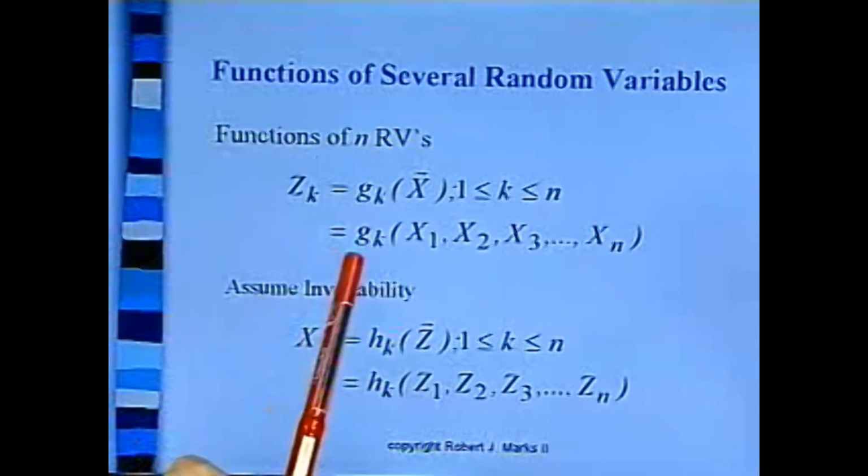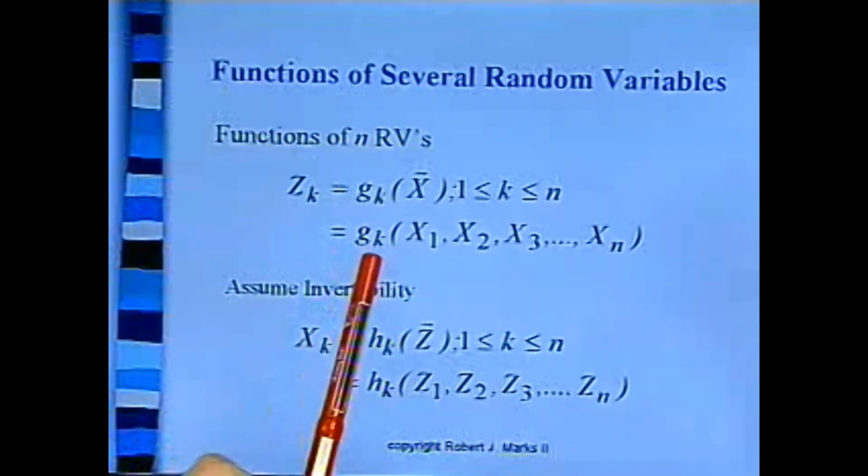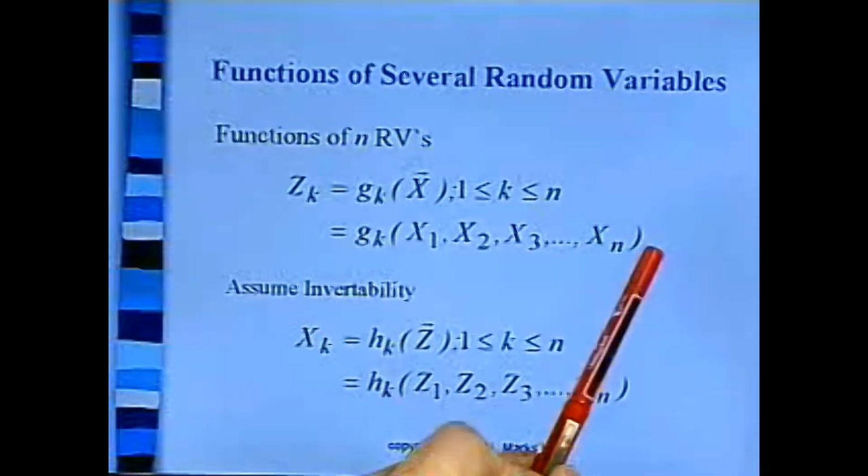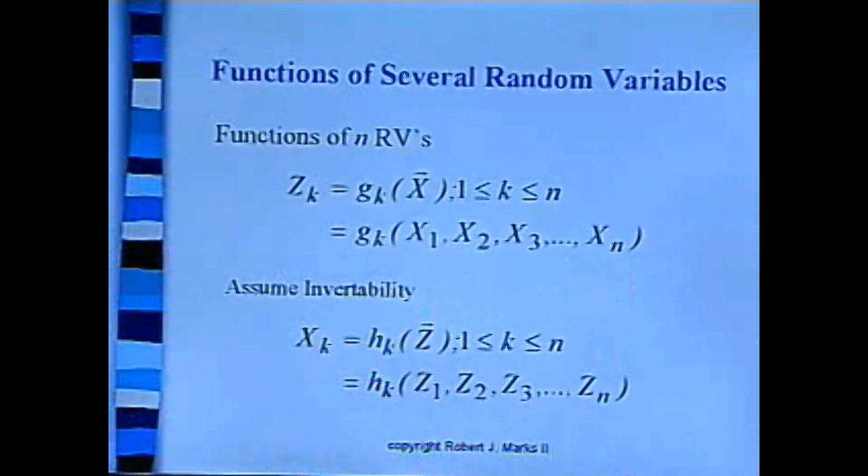So z sub k is equal to g, a nonlinearity operating on all of the random variables. We will assume here invertibility. We will go away from invertibility in a little bit, but right now we'll assume invertibility.